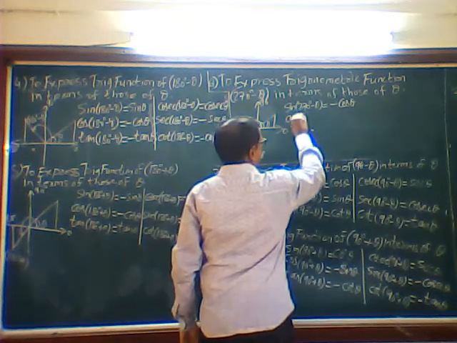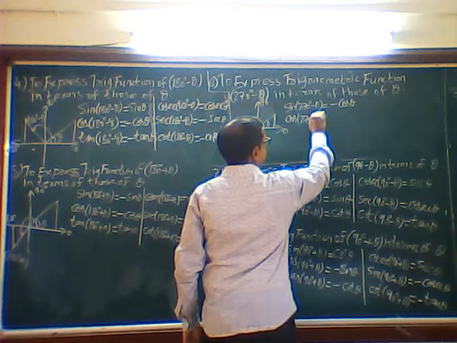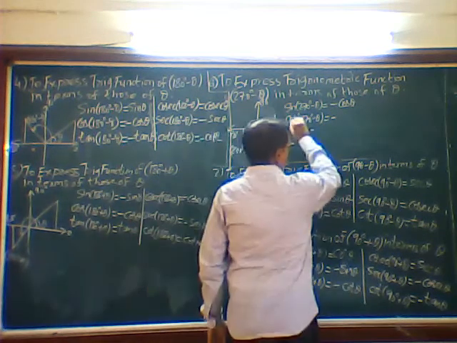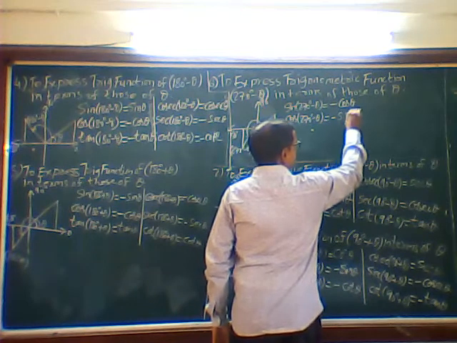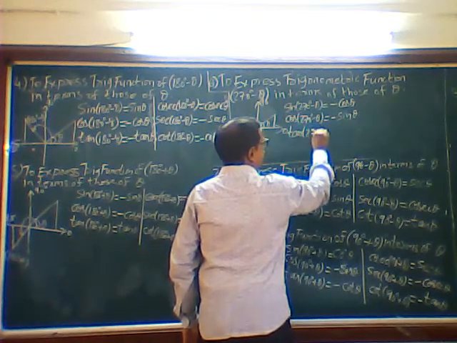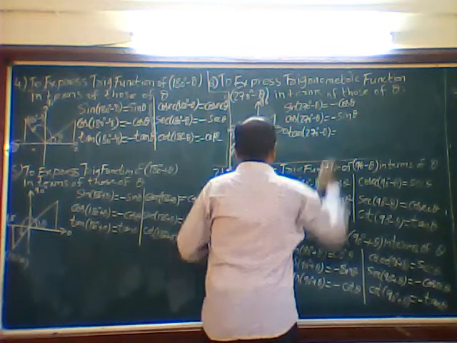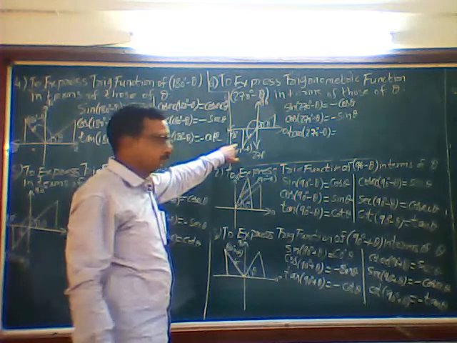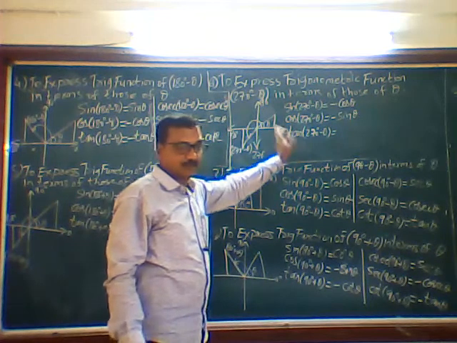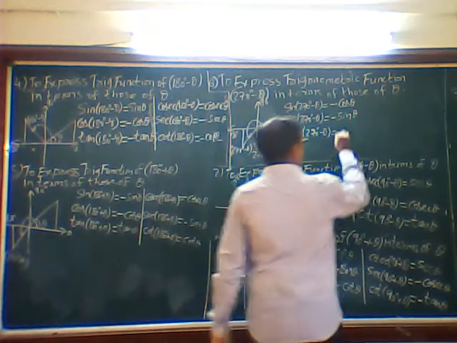Next, cos of 270 minus theta. Again it is minus, in the third quadrant cos is minus. The co-ratio will become sin. Next, tan of 270 degrees minus theta. In the third quadrant it is positive. Since the angle is lying on the y-axis, tan will become cot theta.